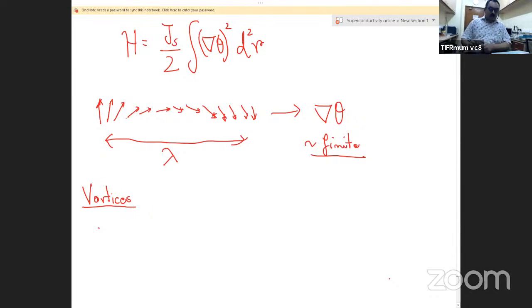Trying to draw it is a pain, so let me see if I can just project it. Okay, you can see my screen.